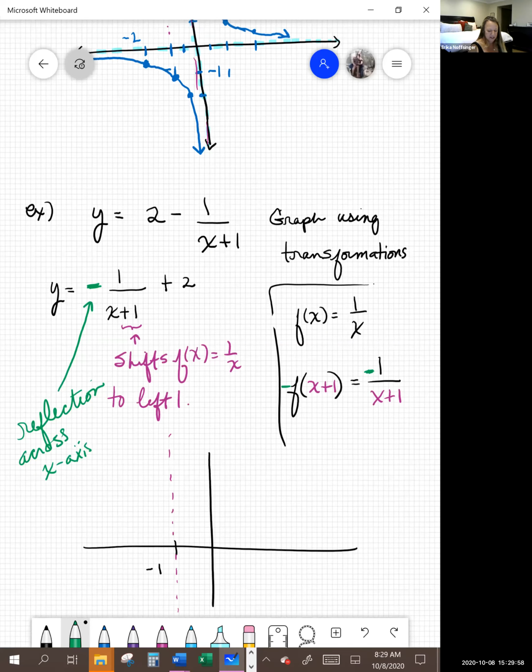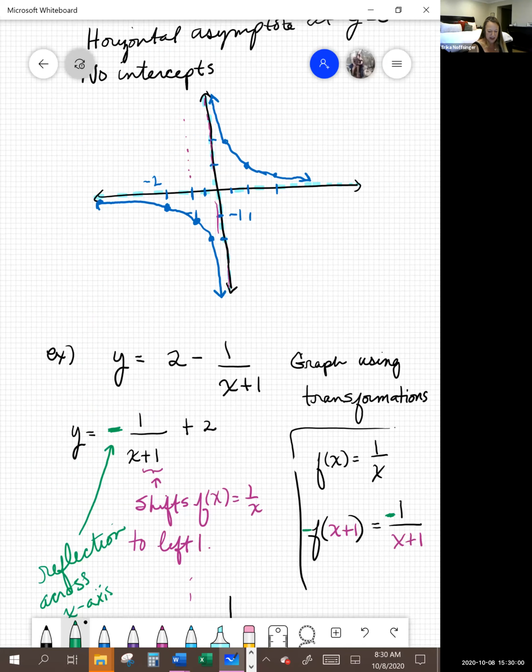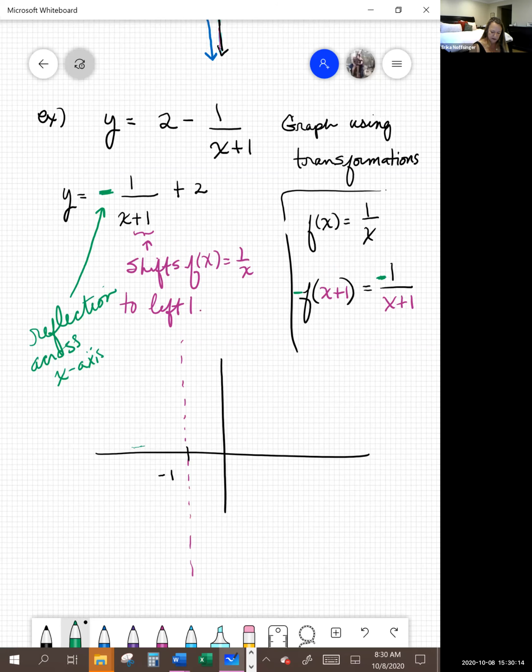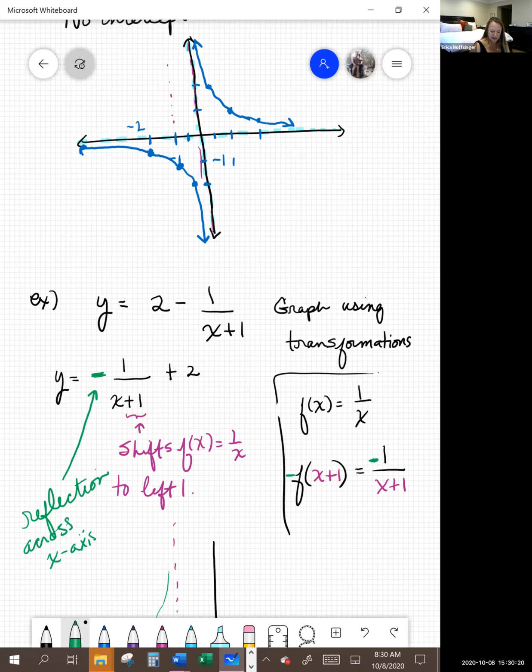So reflection across the x-axis, right? So this is going to now not be down here. It's going to be up here. So right now we have something like this. And the one that was above the x-axis is now below the x-axis.